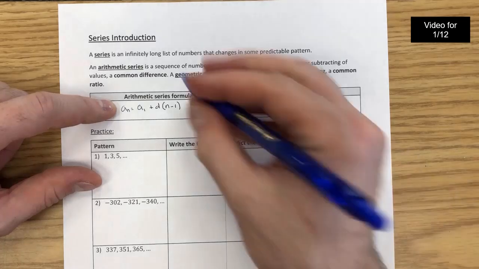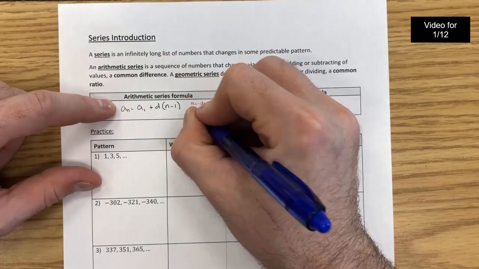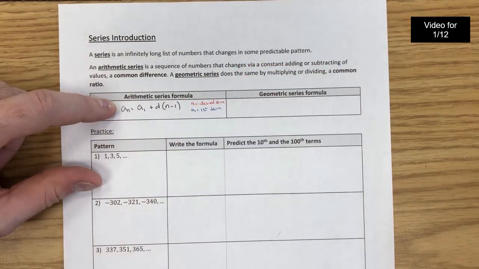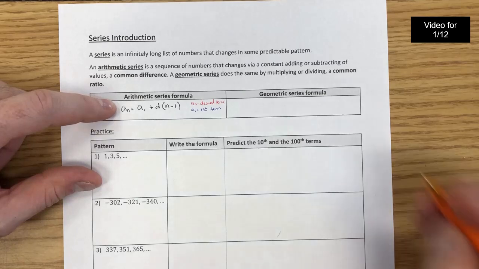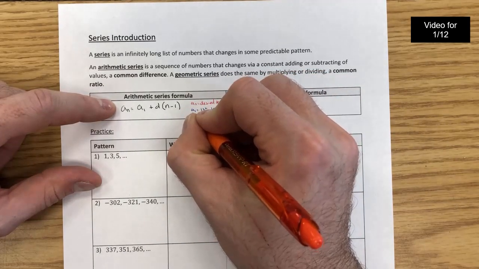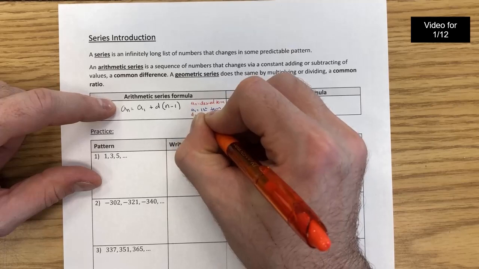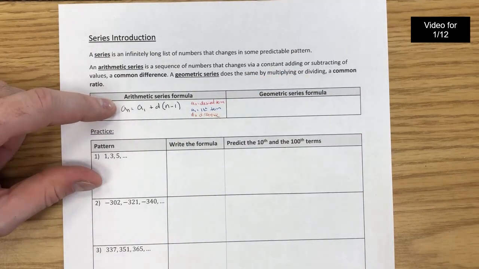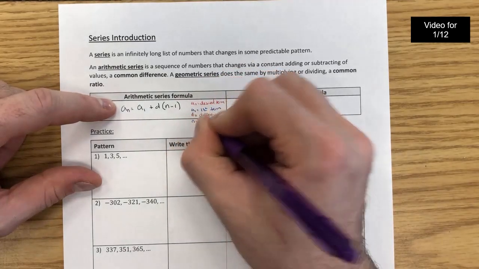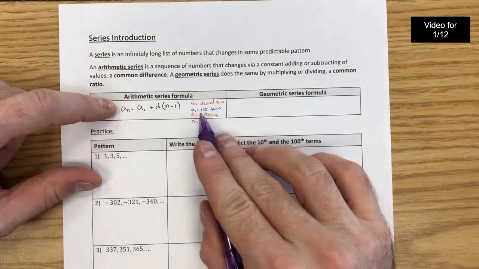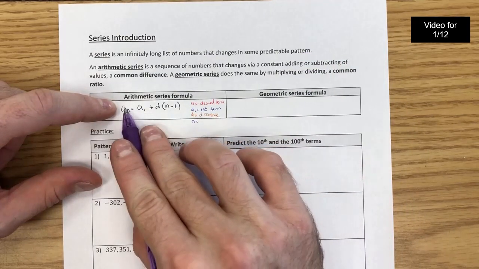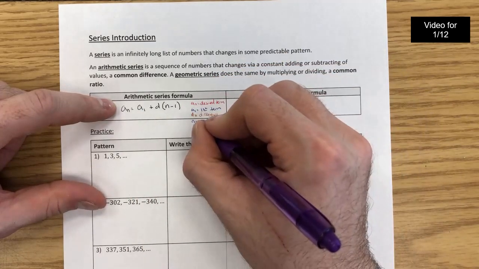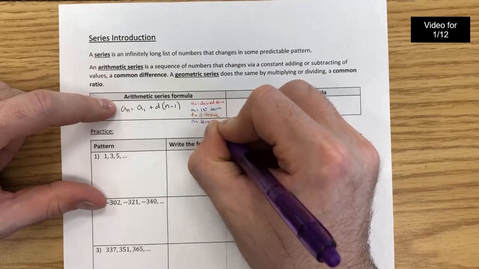Our a sub 1 is going to be our first term. Now, our d is our difference, or our common difference. And our n, which is our last thing, is going to be the number of terms we have to go. So if this is the first term, that's why it's a sub 1 in place of the n. Let's say if we're wanting to go 5, our n would be 5, the term position.